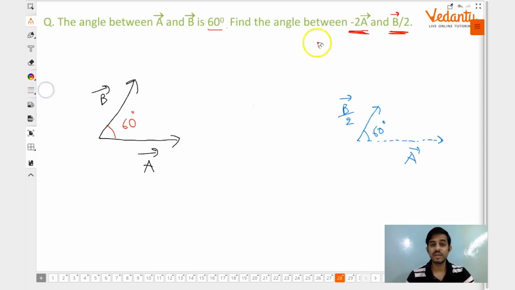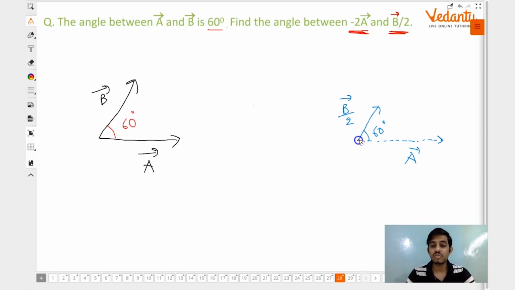Second important thing, -2a vector. Guys, पहली चीज तो ये देखो, 2a vector means a vector double of a vector, but साथ में माइनस साइन भी है। When माइनस साइन आ जाता है, it means opposite.